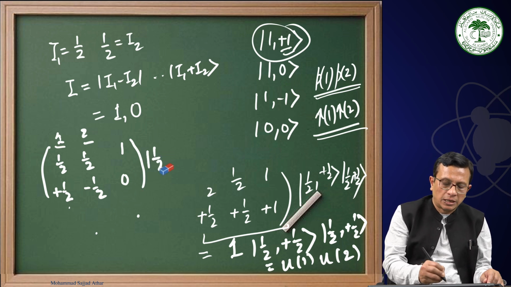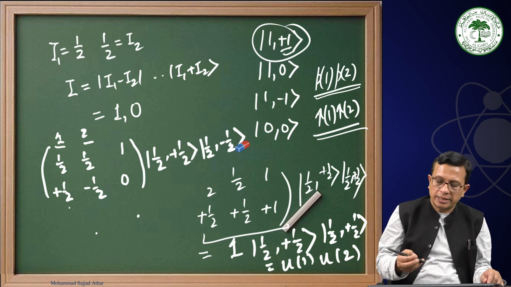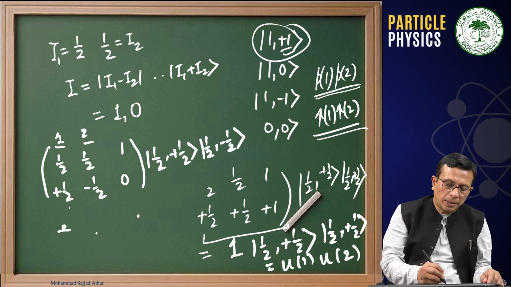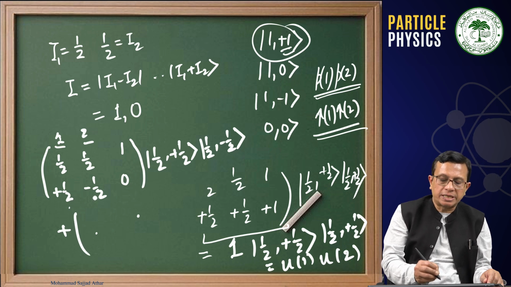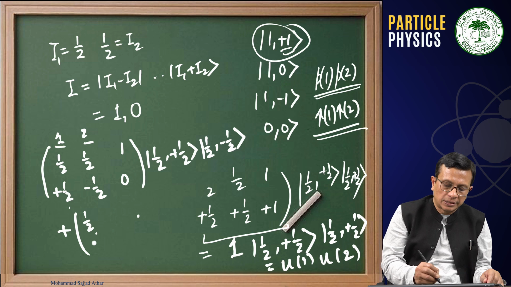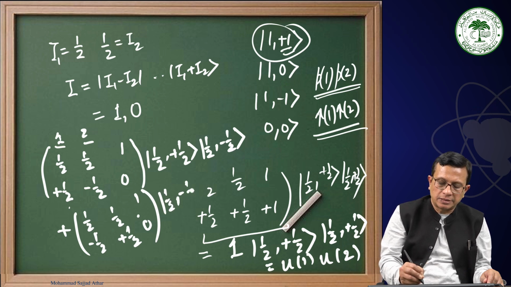So for the first state half plus half, and for the second state half minus half, and then plus the possibility that in the first state we have the projection minus half, and in the second state we have the projection plus half, then we have half minus half.